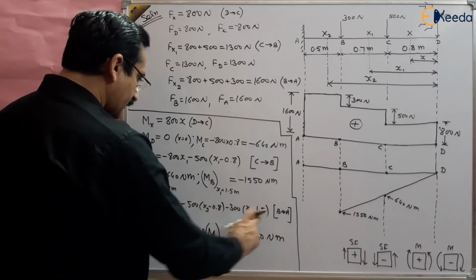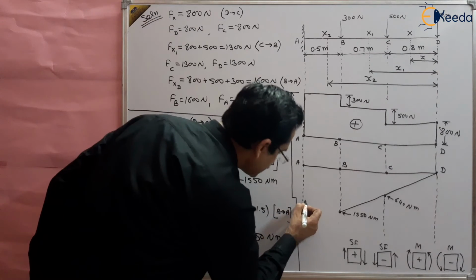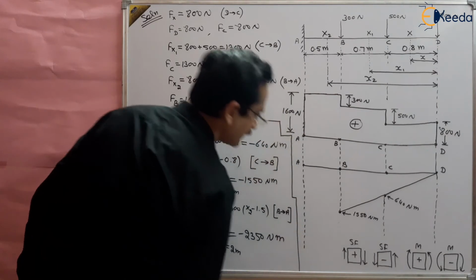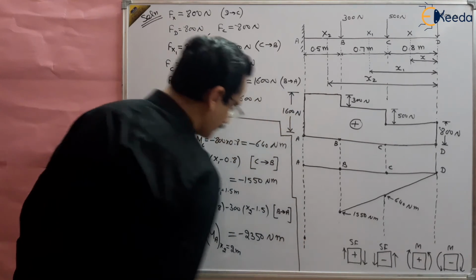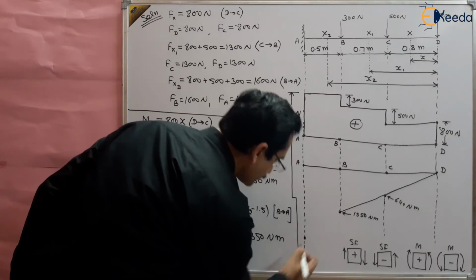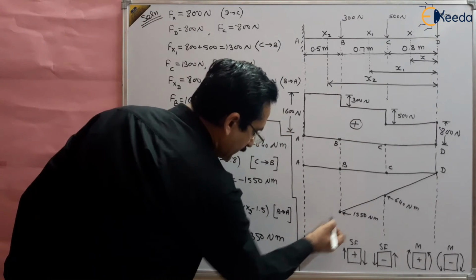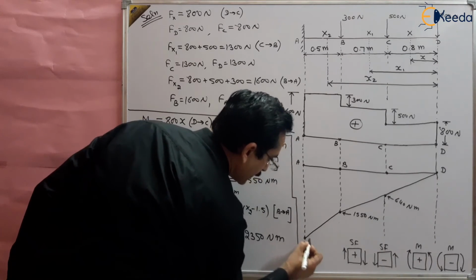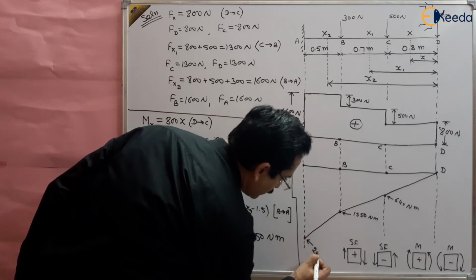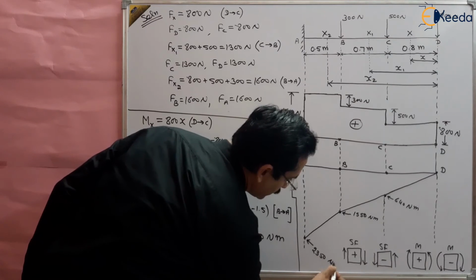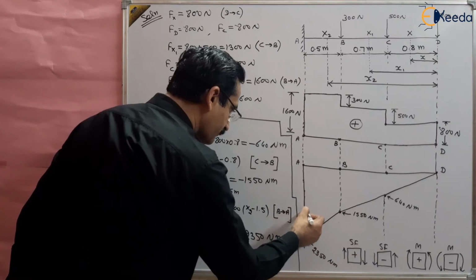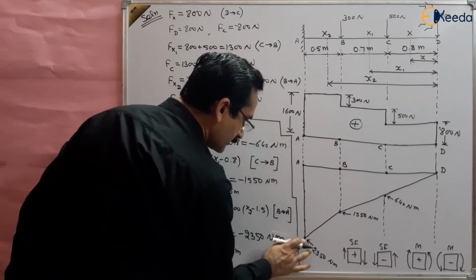This is a linear line, right? Linear variation. So suppose this is 2350 somewhere here. Make a linear line from here to here like this, and this value is 2350 Newton meter, right? And make a straight vertical line here, right?